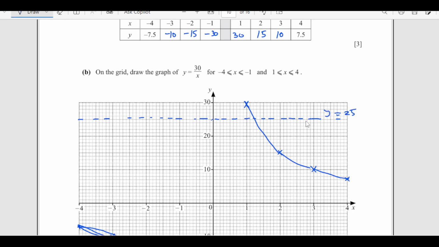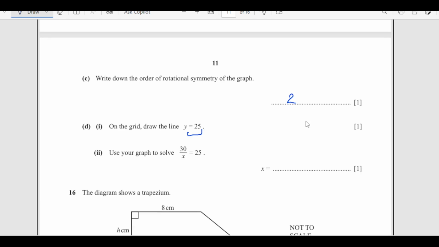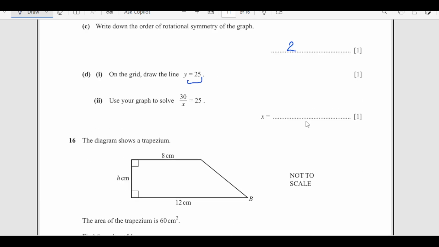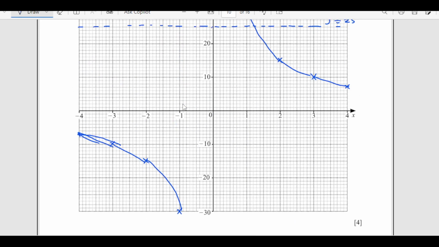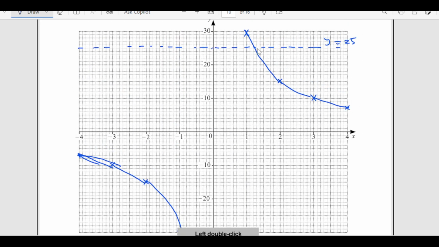Now the next question, let's see what we have. We have to use the graph to solve. This is the graph, and this is y equals 25. So we will see where they intersect. My answer may be different, guys. This is the curve, and it doesn't intersect anywhere on the other part, so it intersects only here.